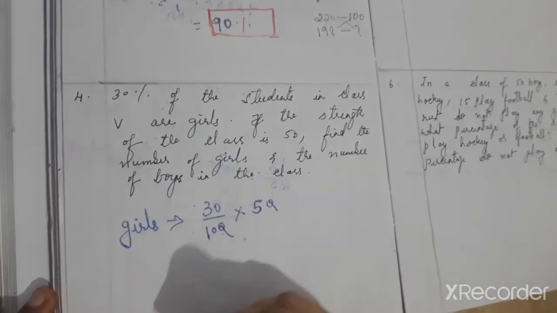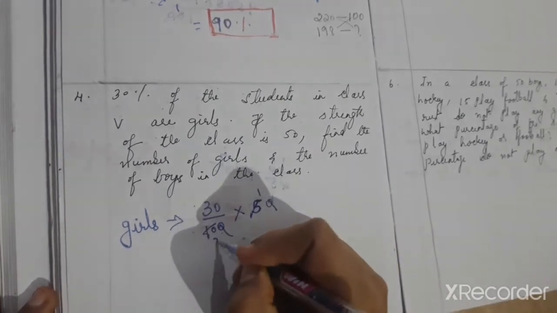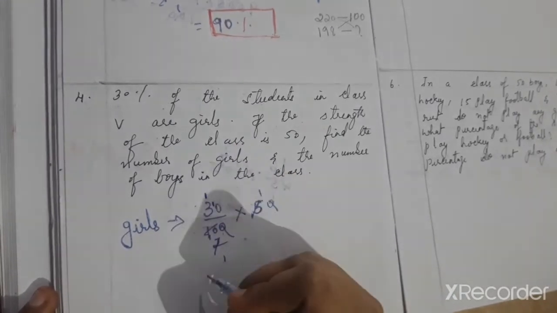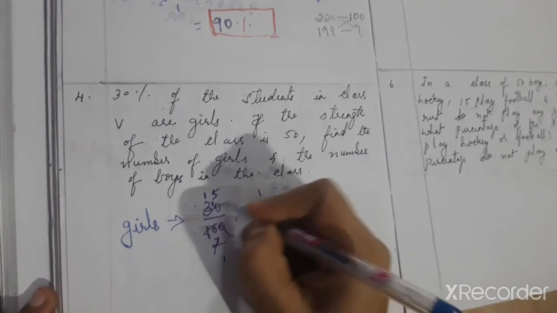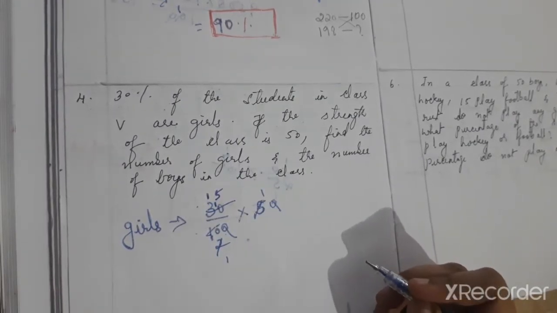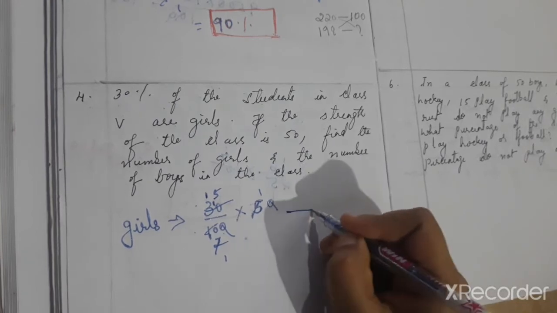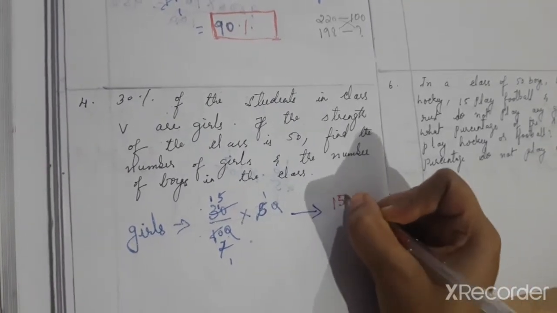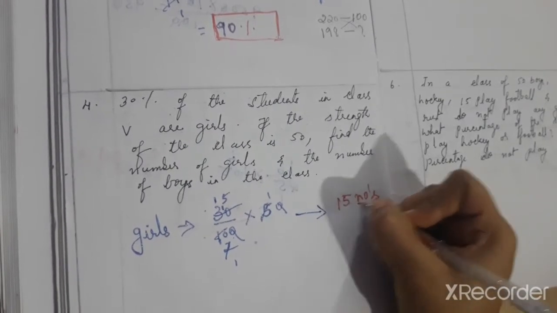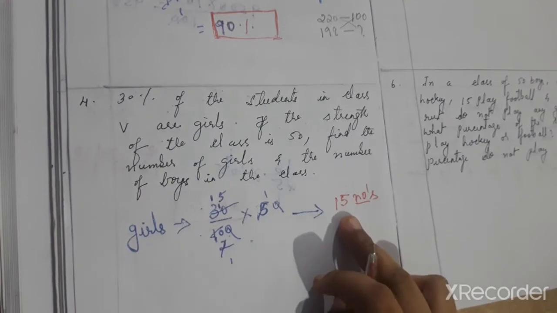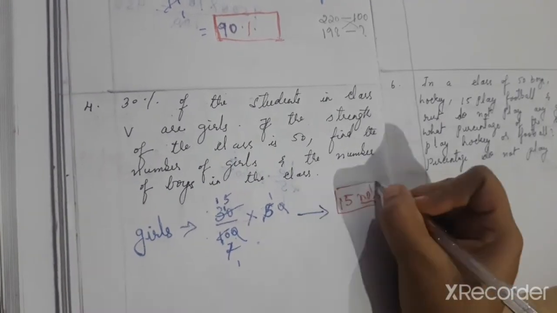Zeros cancel. 5 threes are 15. So total girls is 15. The answer is 15.